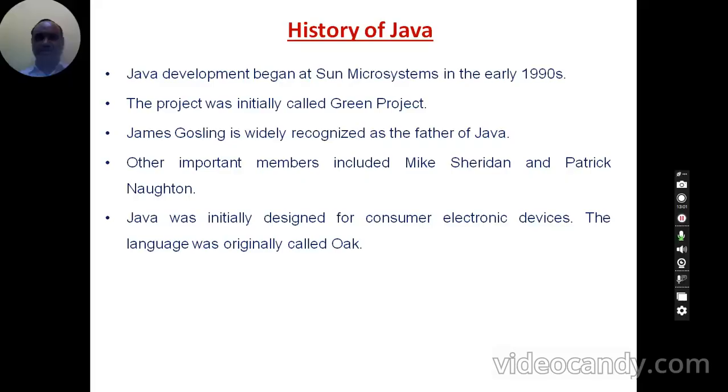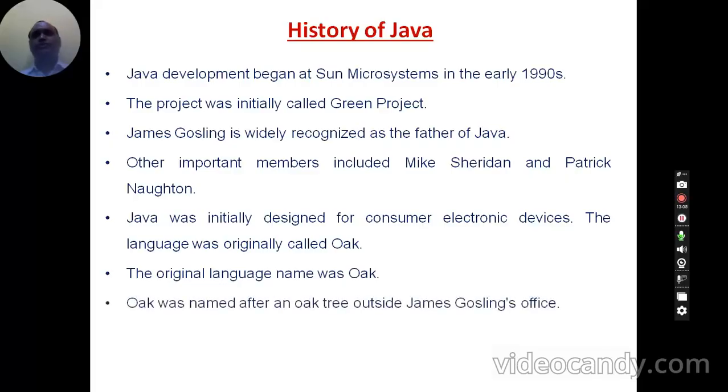When they developed the Java language, they used a syntax very similar to C and C++, because James Gosling and Patrick Naughton were experts in C and C++ and liked these languages very much. So they wanted their new language to also have a syntax very similar to that of C and C++.